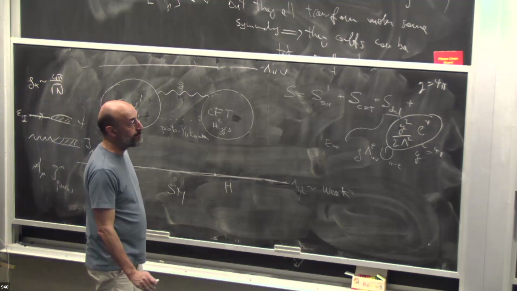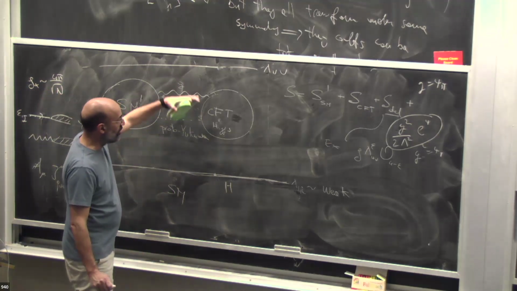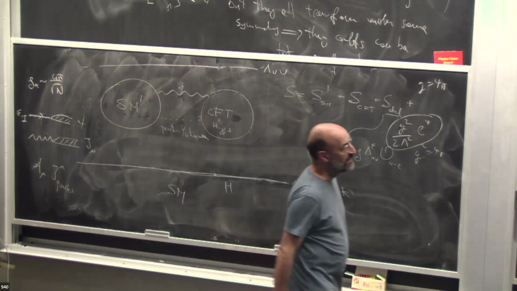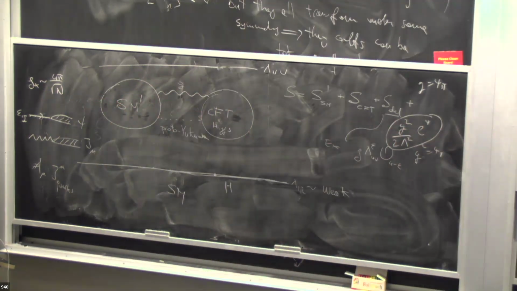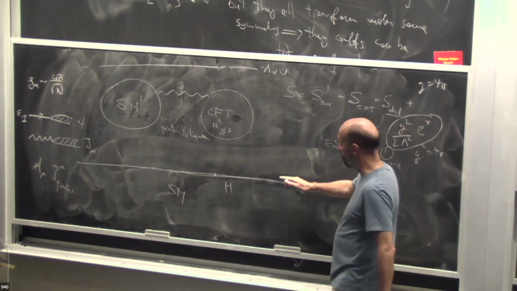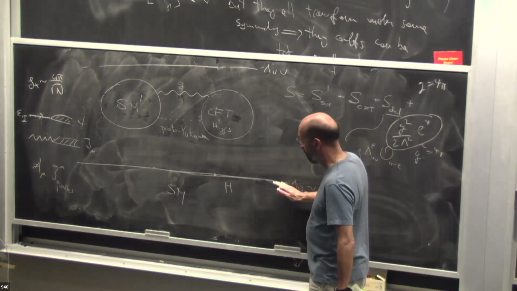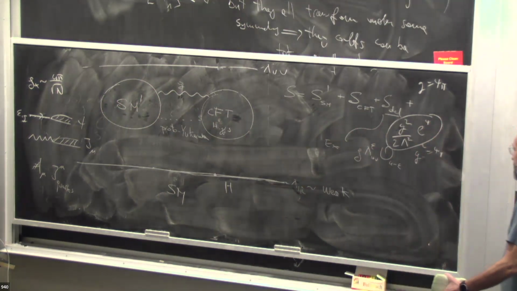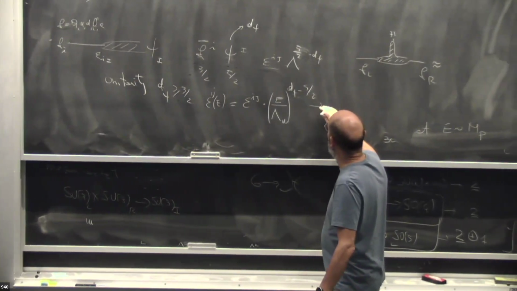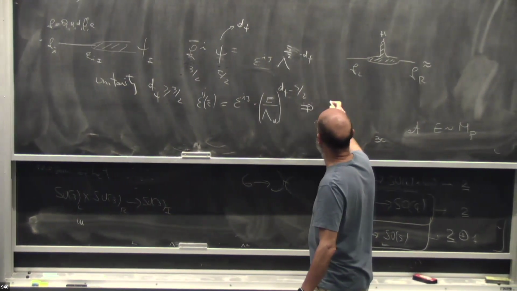So what happens is that this mixing evolves with scale, and when you match to the low energy scale, let me tell you on very simple grounds, the numerical size of this mixing will be what?